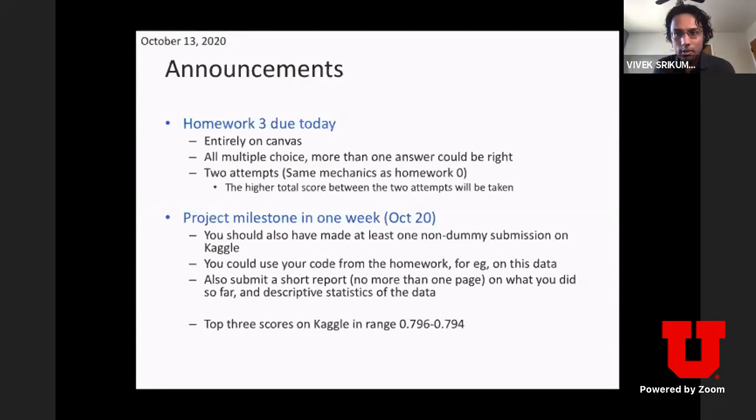There's another question about the project. Is there any way we can know which method, decision tree, or perceptron, etc., the high scores are achieved with in Kaggle? I think Kaggle allows you to tag your submission as which algorithm is used. But honestly, I don't know what Kaggle shows you when you are logged in. If you want to exchange ideas, I would suggest using the discussion board on Canvas.